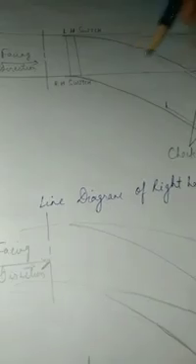If a train from the main track is diverted to the right of the main route, towards the right direction in the facing direction, then this diversion is known as right hand turnout. I have already drawn a line diagram of right hand turnout. See, you can see the difference. This is the right hand turnout and here it is the left hand turnout.